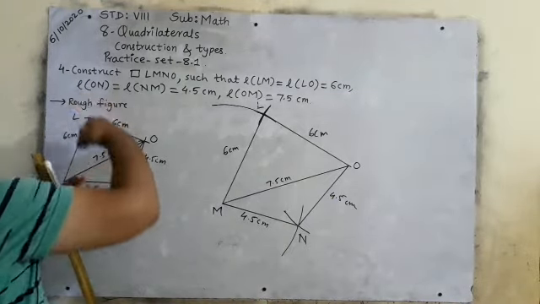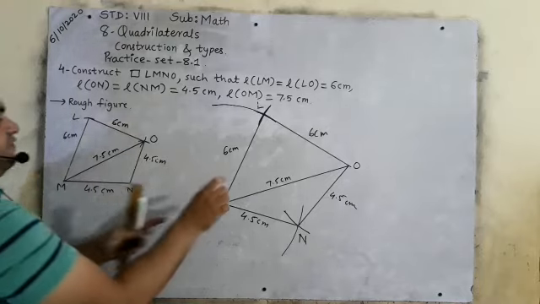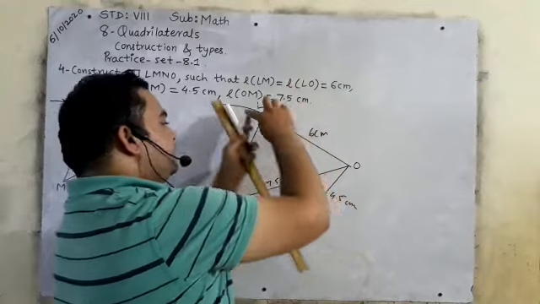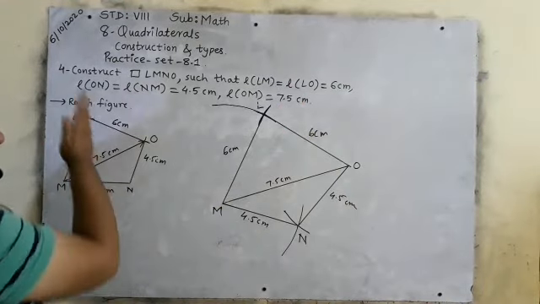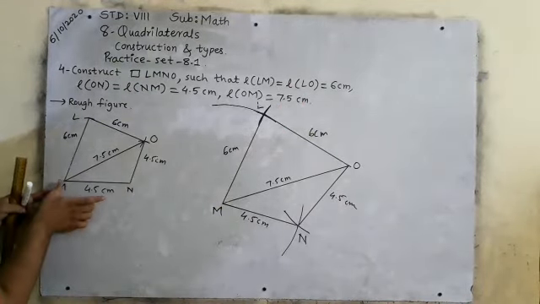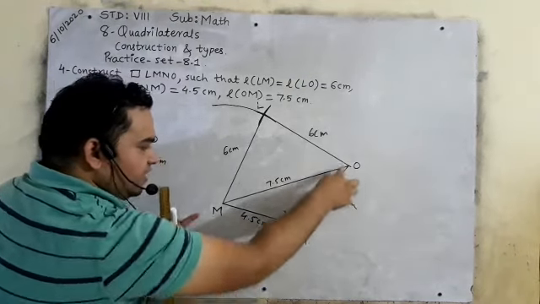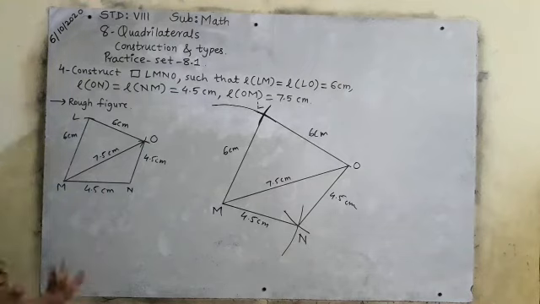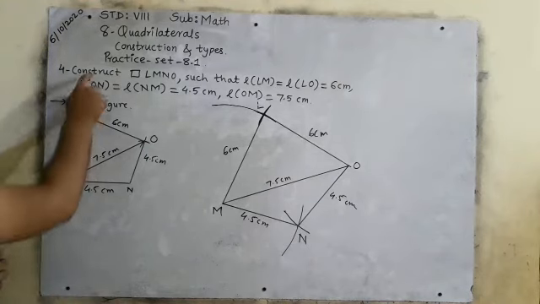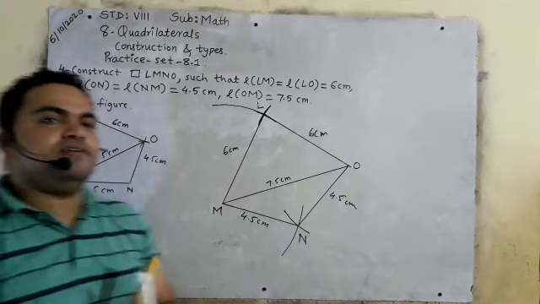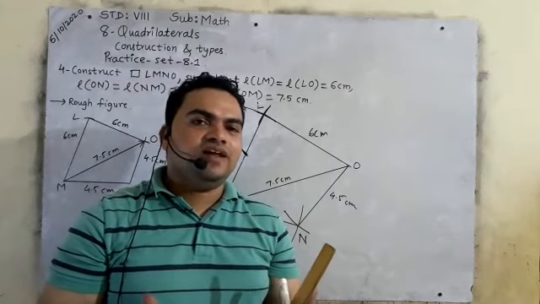Then I will draw the upper triangle, 6, 6: I will keep on M 6 centimeter, the same on O. Then I will take 4.5 from M and 4.5 from O and join this. Very simple. Is it clear? This is how I will construct when quadrilateral measurements and one diagonal measurement are given. I hope you understood. Best of luck. Thank you so much.